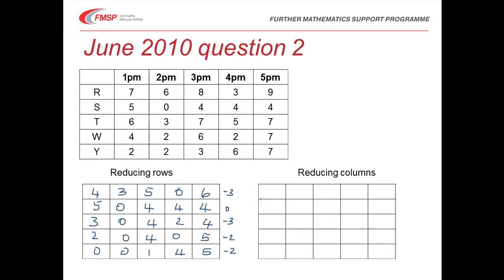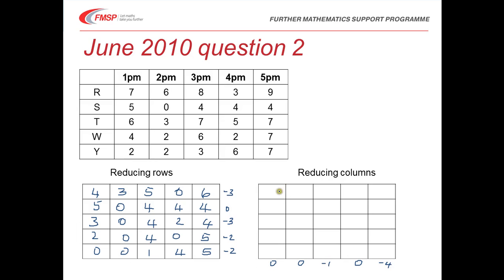And the next thing we need to do is reduce it by columns. Now notice that we can't reduce the first column or the second column or that fourth column because their lowest entry is 0. So those ones are not going to be reduced. They are already in reduced form. So we'll take 1 away from the third column and we'll take 4 away from the fifth column.